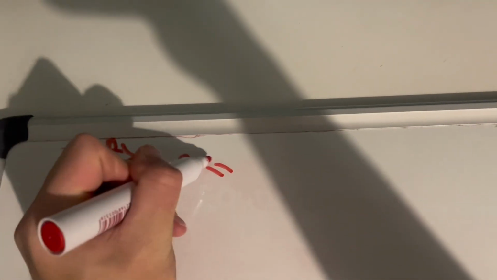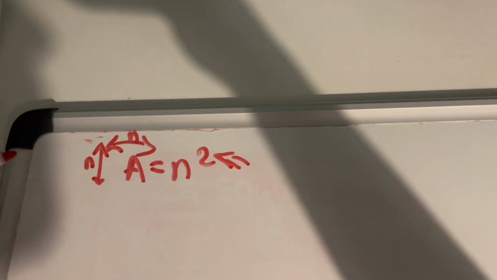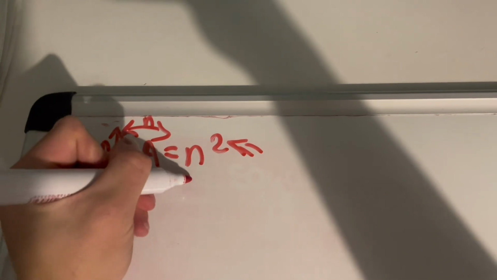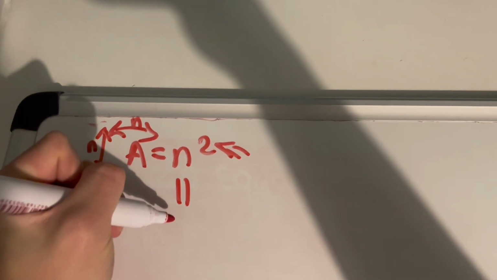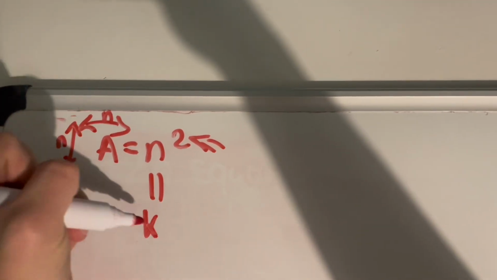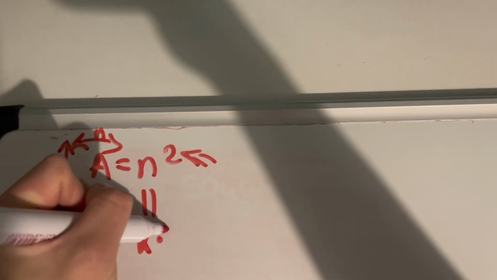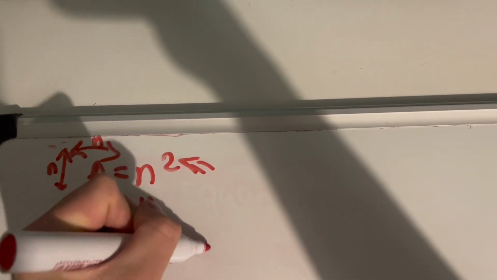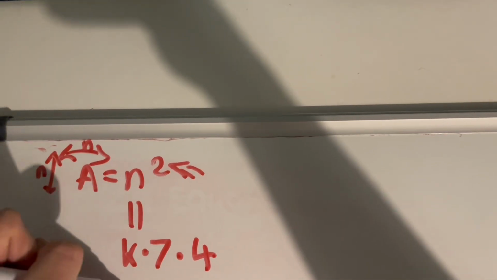Okay, next you're going to look at the area of the square, which, since it's n by n, the area will be n squared. And notice how it has to be a square. So your area is equal to k sets of the 7 pieces, which each cover 4 squares, so that's 28k.